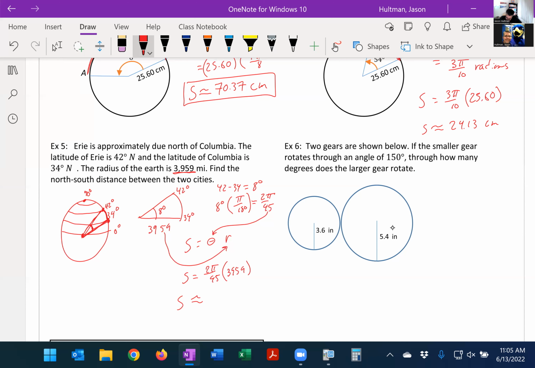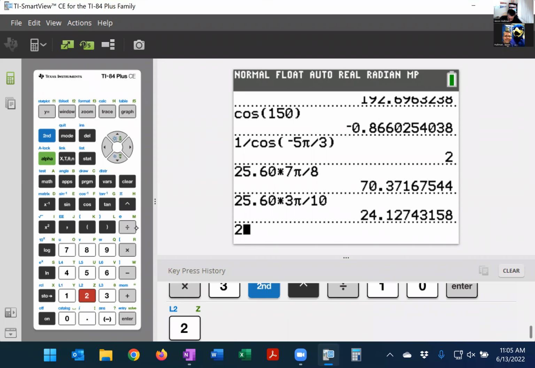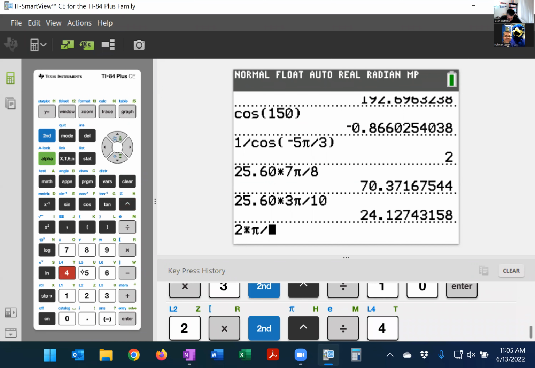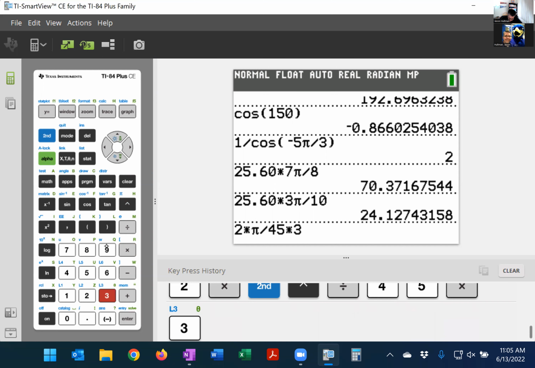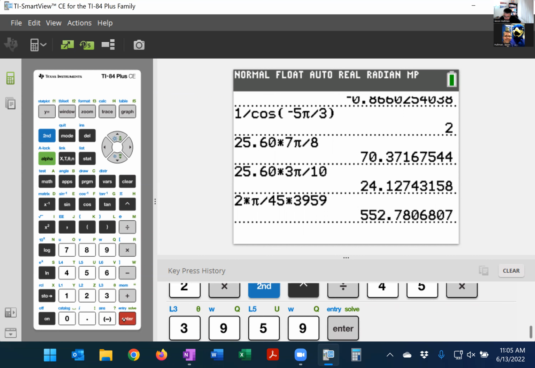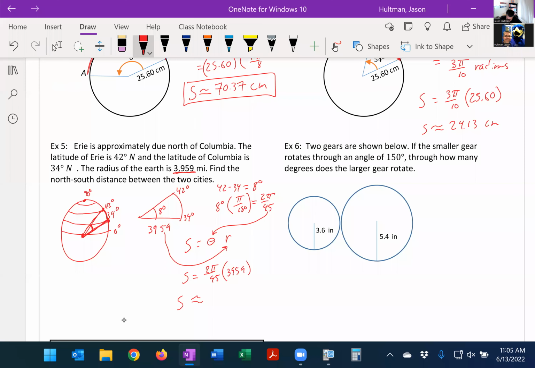Okay, and so S is approximately, let's go to the calculator, 2 times pi divided by 45 times my radius of 3959, and I plug that in, I get about 552.78 miles. Okay, so about 552.78 miles is the distance between those two cities.